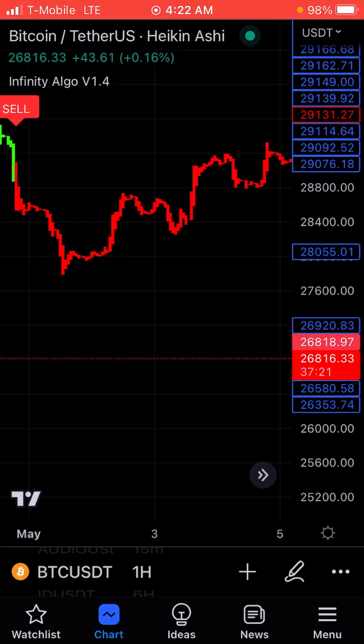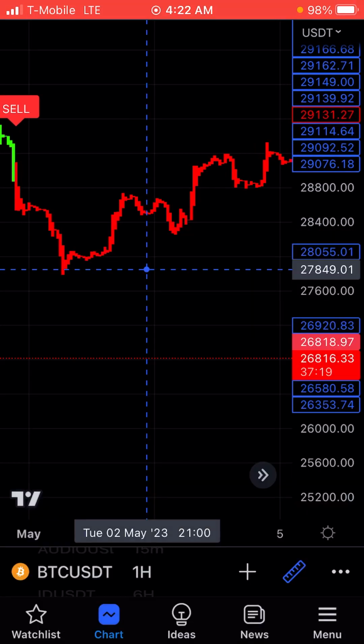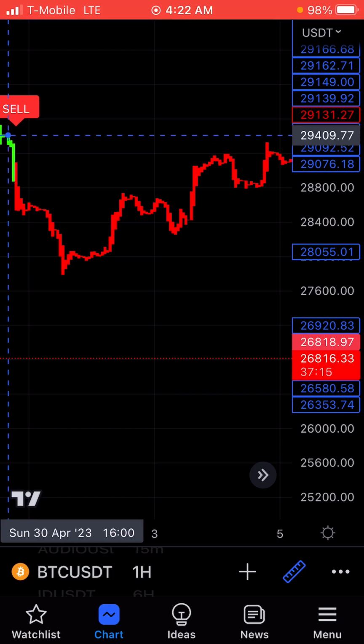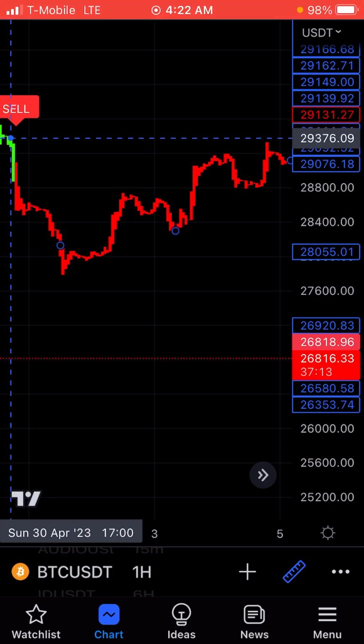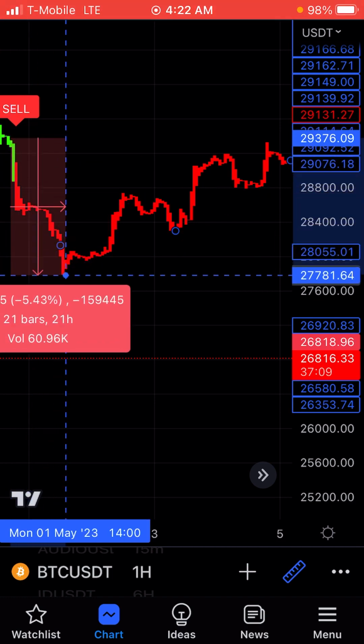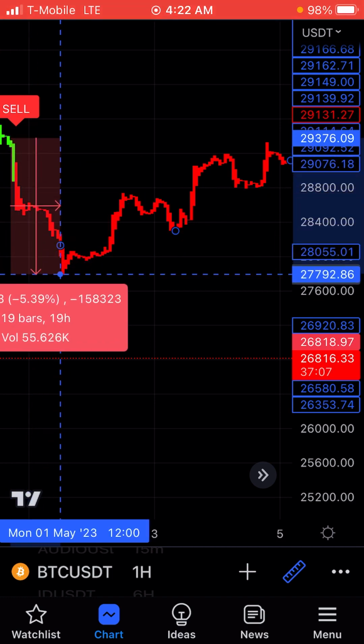So what we would do right here is it would print out a sell signal right here, and we are on the hour. So if we came in there and rode it out to the bottom here, again, without any other indicators, it picked up on a 5%. Now, if this was a future trade, this would have been a 5% gain.